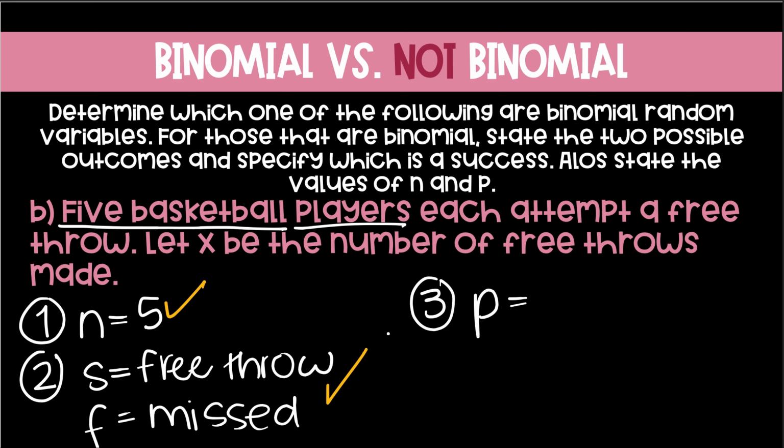But if we assume that each of the basketball players has different skills, then the probability will vary every single time. So it's a matter of interpretation. But for the sake of this example, let's say that the probability varies depending on the player's skills.